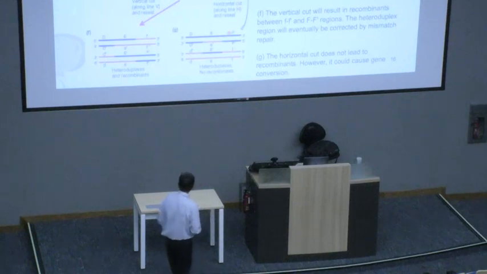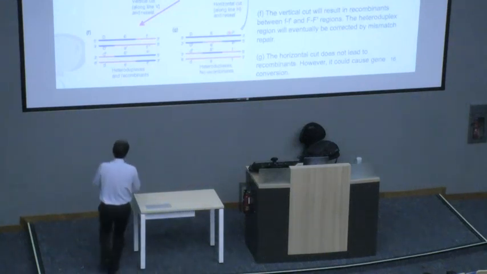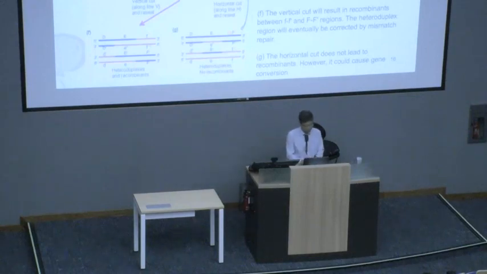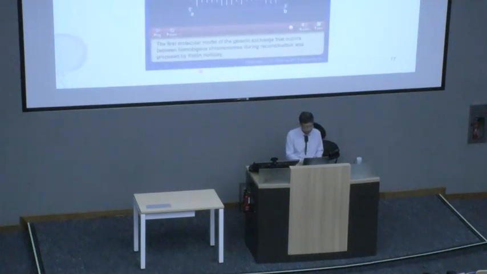So in that scenario, we still consider the crossover in this step as not generating recombination directly, but the repairing at a later stage may lead to the formation of recombinants. I hope that's clear. And here is a nice video to show you.